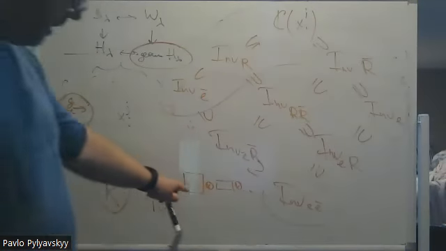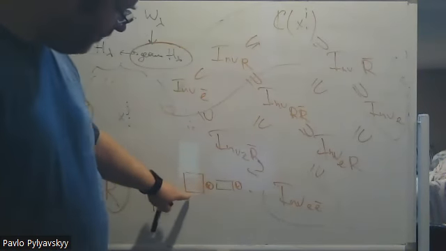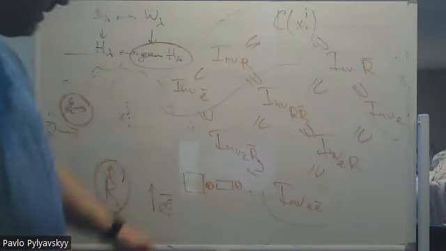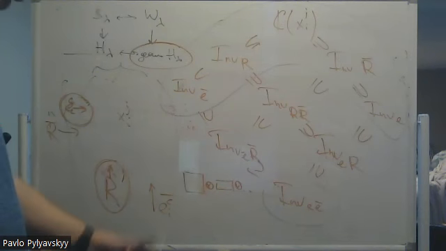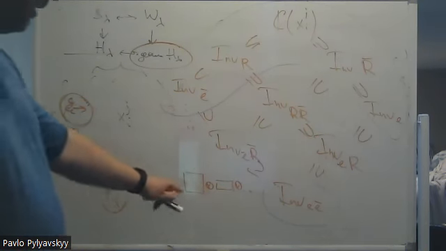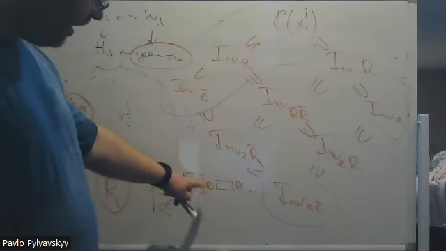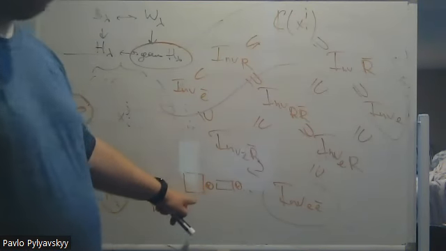Something interesting happens here, because as an affine crystal, the tensor product of rectangles is actually connected. It's a single irreducible representation of this affine quantum group. But as a classical one, it decomposes into irreducibles.